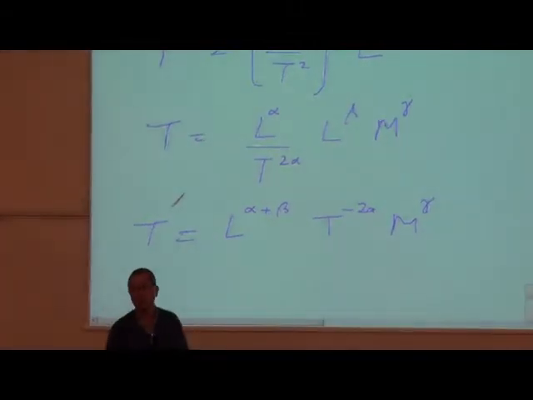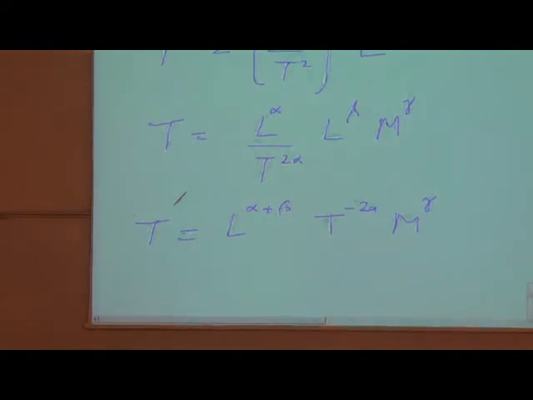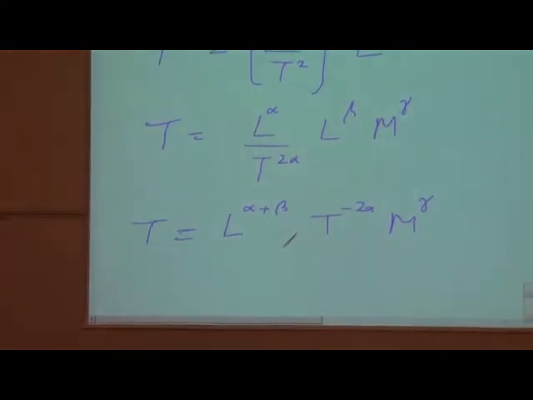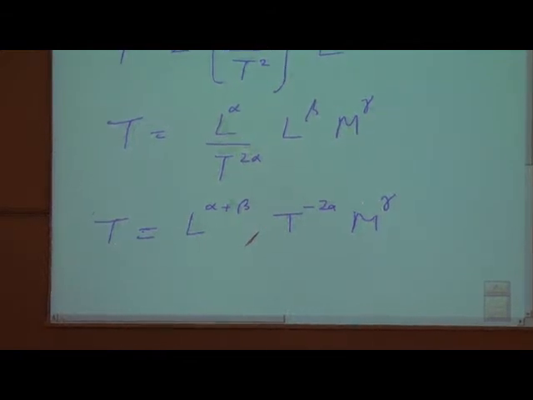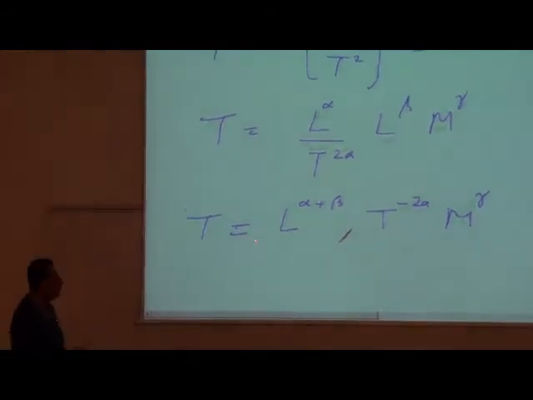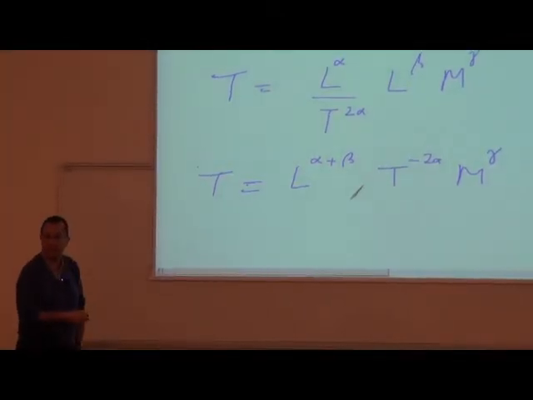Okay? So now you can tell me what is the value of alpha? Because this is the trick in dimensional analysis. The dimensions of the basic quantities, how many powers you have, of course, must be the same on both sides of this expression.